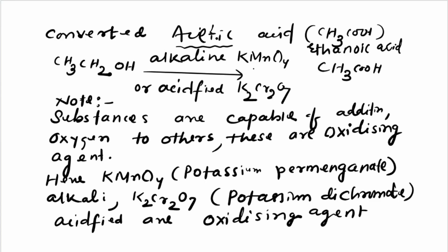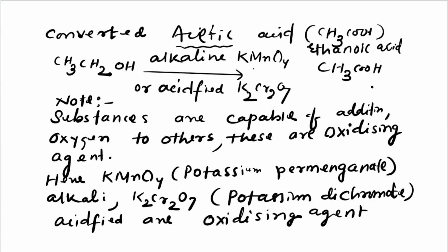That means you take ethyl alcohol, that is ethanol, with alkaline KMnO4, and it changes to acetic acid. This is the reaction you observe. Then the acidified K2Cr2O7 also gives acetic acid.